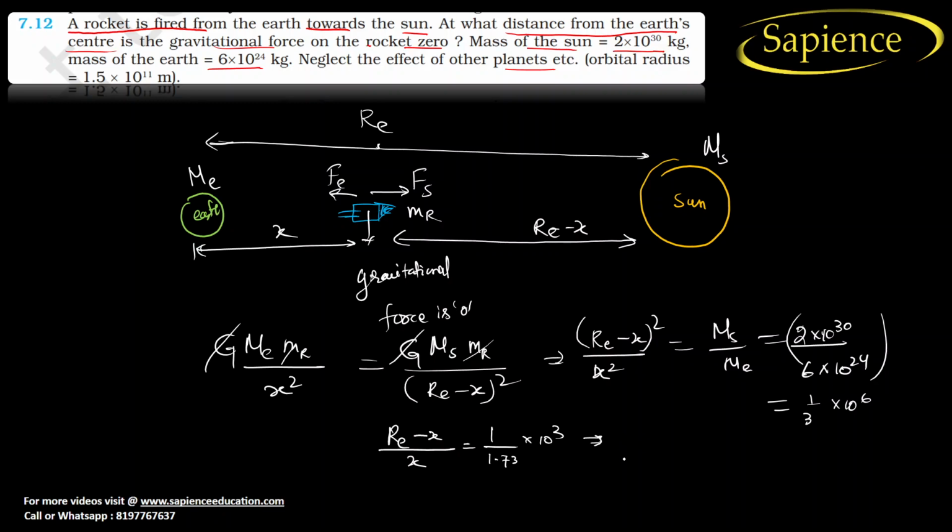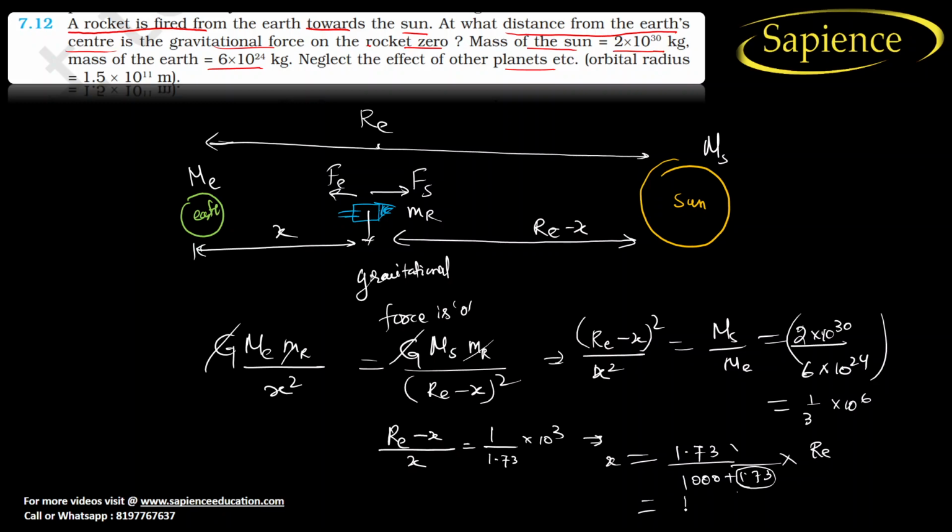So from here we can get x. When we conclude, x will be equal to 1.73 divided by 1000 plus 1.73 into Re, that is orbital radius of the Earth. We can neglect this point because if we multiply it by 1000, there will be no impact.